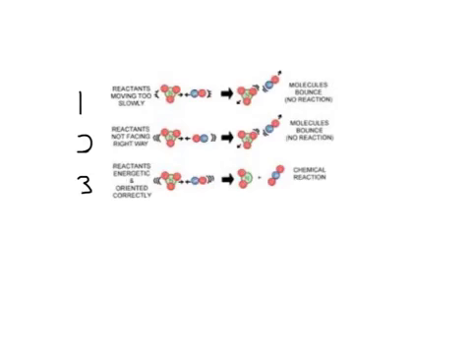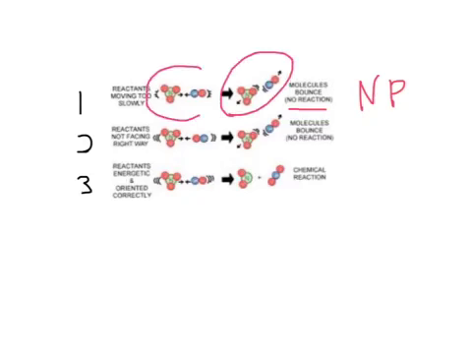It's pretty obvious, right? So obviously this is a non-productive collision because there is no reaction. The molecules here are still the same as your reactants. In other words, no reaction.